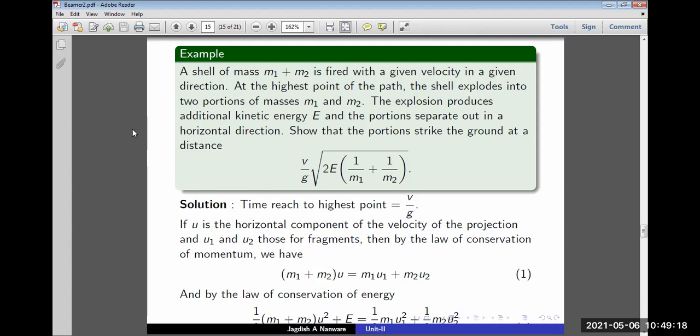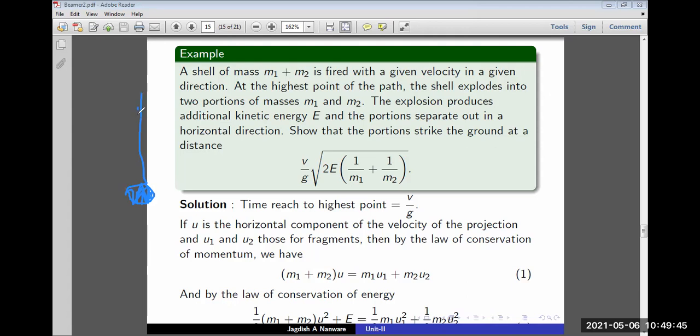So see, if you take a shell whose mass is m1 plus m2, and suppose when it fires, it has some velocity along this direction.